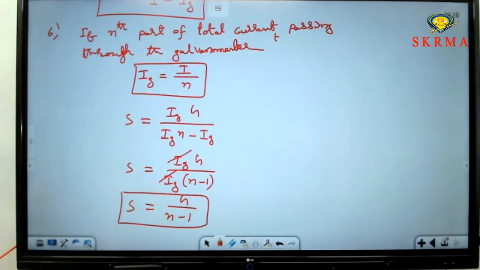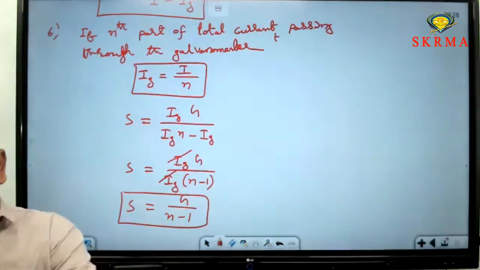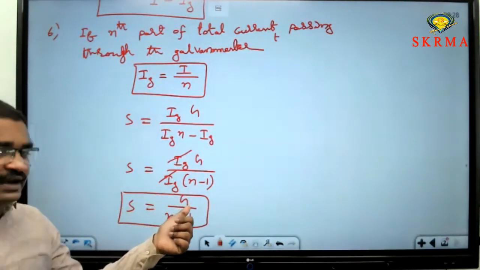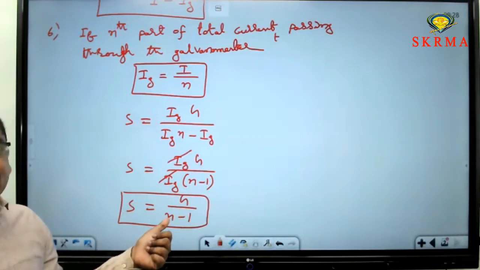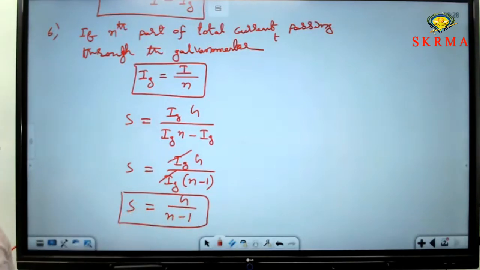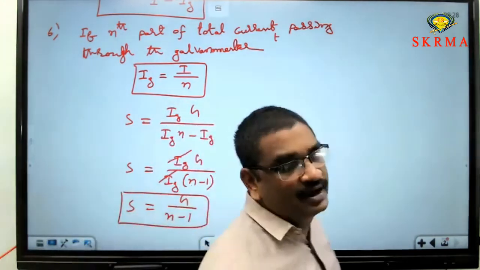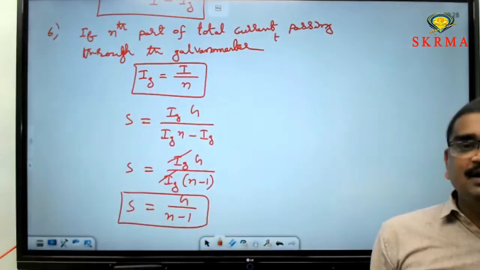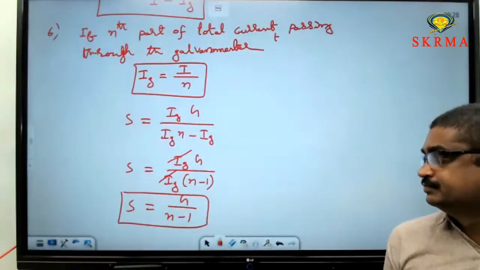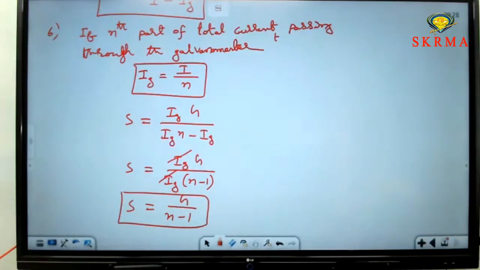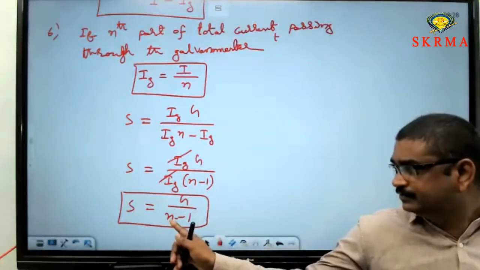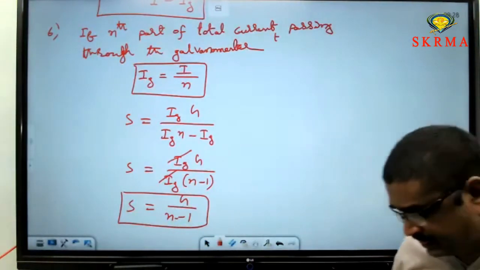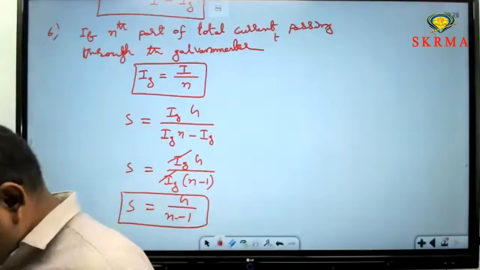To solve for S, we need only two quantities. One is galvanometer resistance G, the other one is N. By using this equation, you can solve for the shunt resistance value. What is N there?